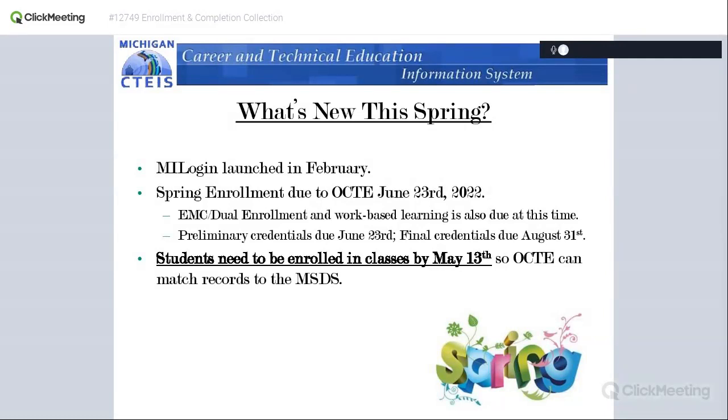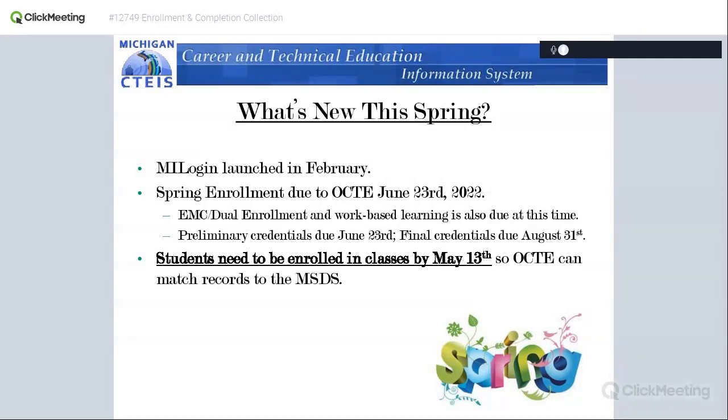So if you have not signed up, you can visit the CDIS knowledge base, and I'll show you where that is, on how to sign up and get instructions on how to sign up for MiLogin for Third Party. So I'll navigate where that is. It's on our knowledge base. You look for the data entry tab, and then you select MiLogin for CDIS, but I'll show you in a moment.